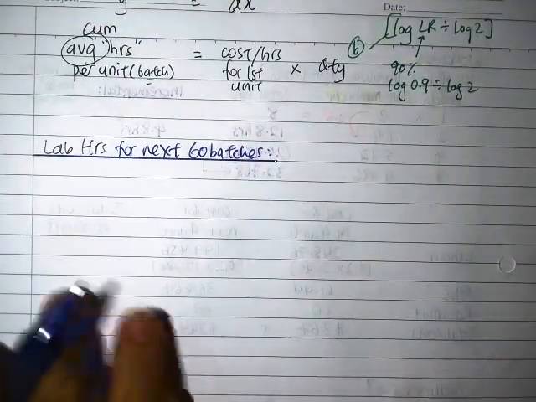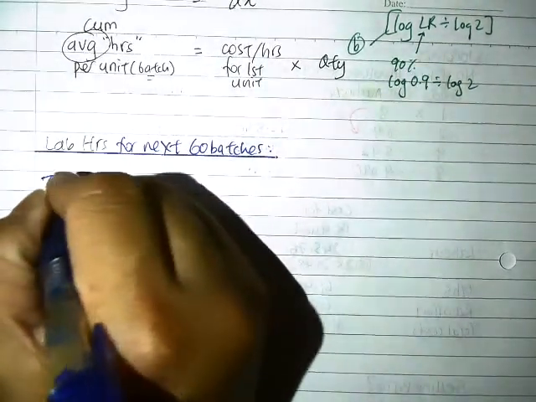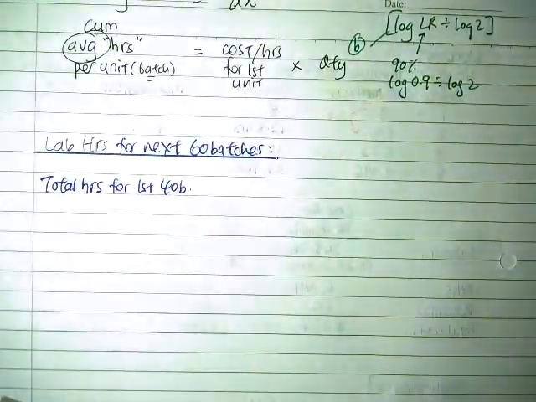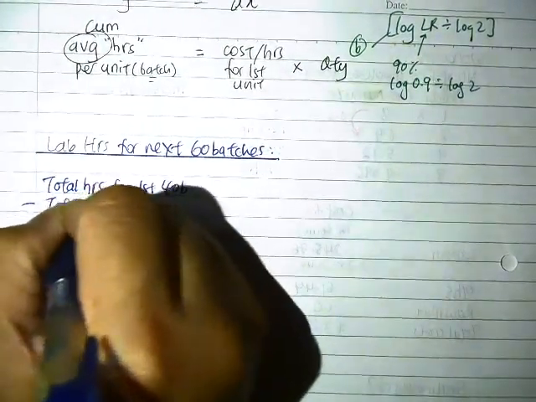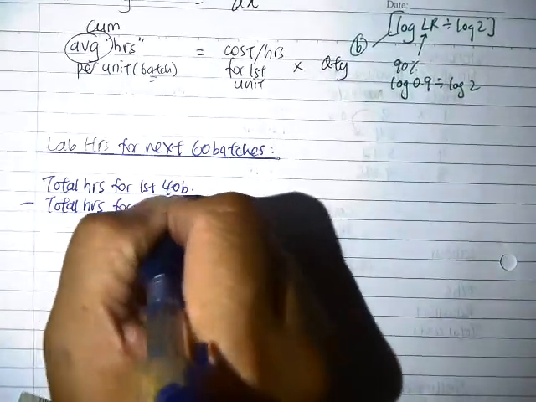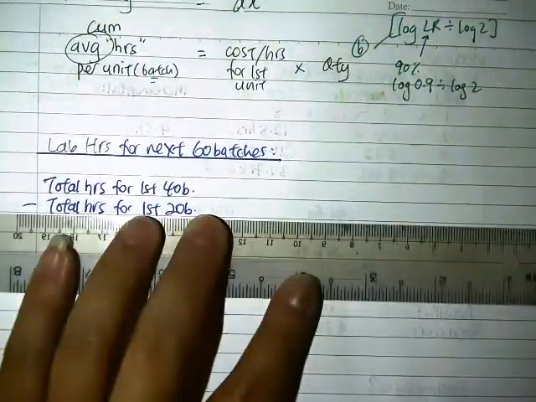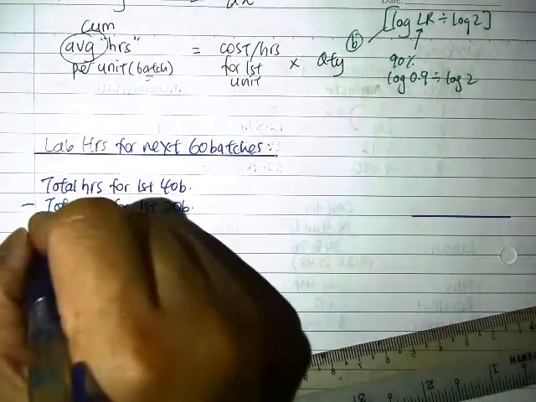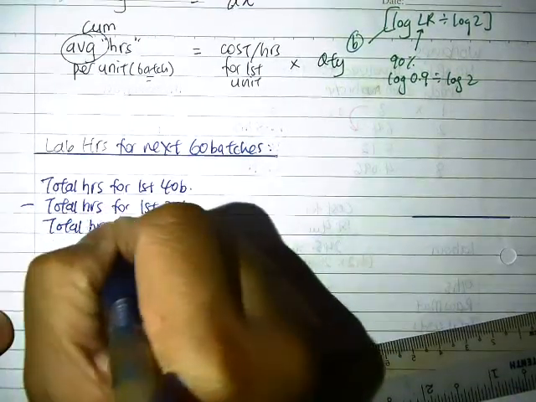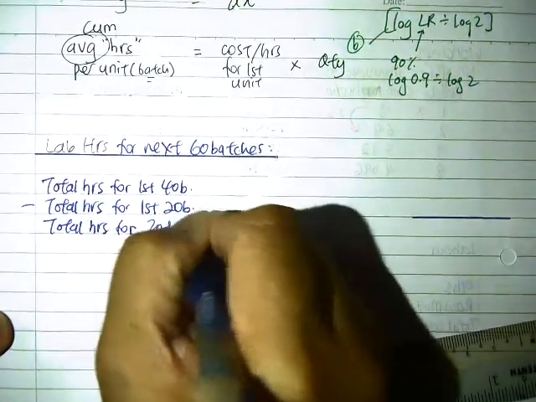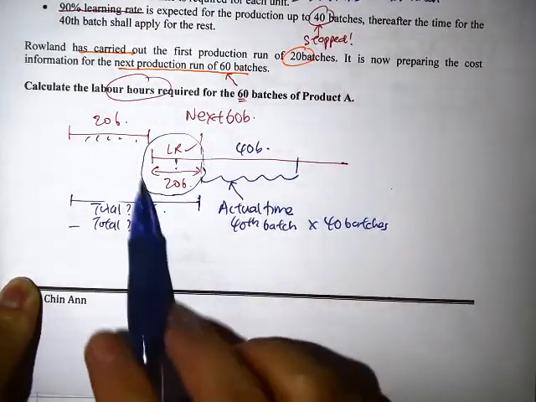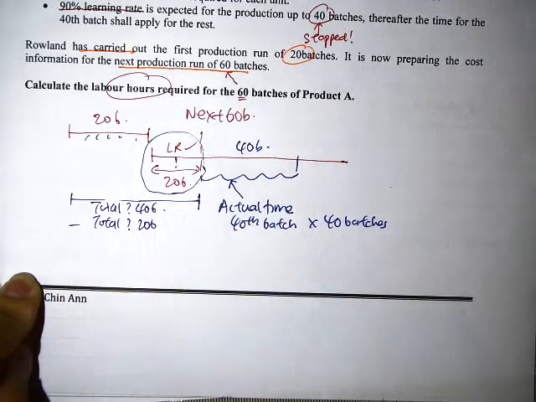Now, if I take the total hours for the first 40 batches minus the total hours for the first 20 batches, this will give me the total hours for the second 20 batches, and that second 20 batches is this, okay, because you have actually started.